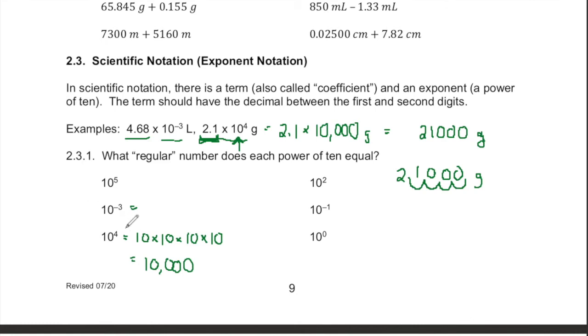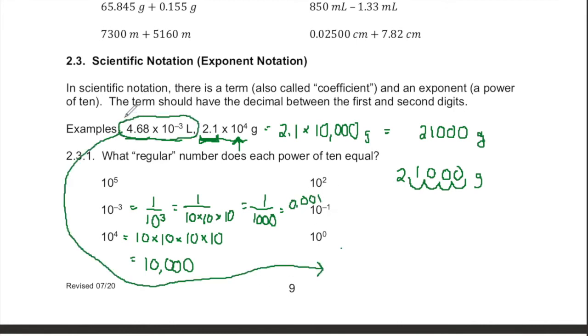Let's remind ourselves what a negative exponent means. 10 to the negative 3 is actually 1 over 10 to the 3. That's what that means. And so that is 1 over 10 times 10 times 10, which is 1 over 1,000, which equals 0.001.